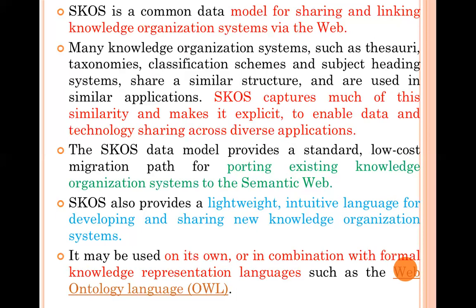If you want to move from existing knowledge organization systems to a semantic web, then SKOS will provide you a low cost migration path. So using SKOS, you can migrate from your traditional knowledge organization system to a knowledge organization system that is required in a semantic web. So it lets you migrate from one KO to another KO.